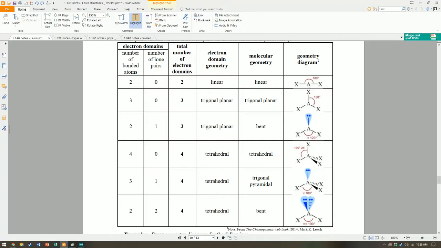The only non-intuitive one initially is the tetrahedron, but again, remember, we consider 3D space, and in 3D space, the way to maximize the distance between four vertices is by a tetrahedral arrangement of them. The higher levels have to know two others, but we'll get to that when we get to that.